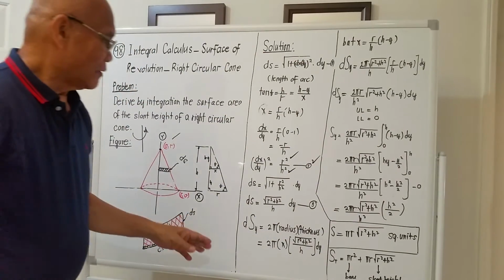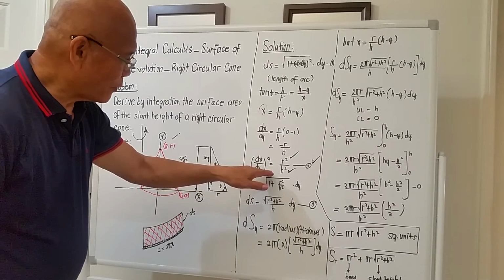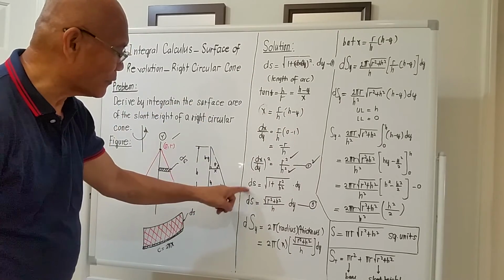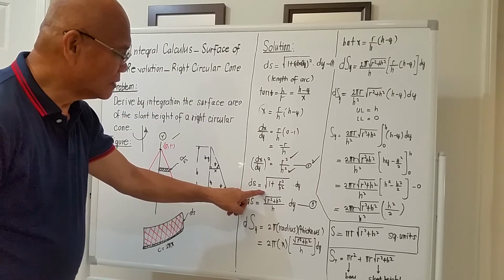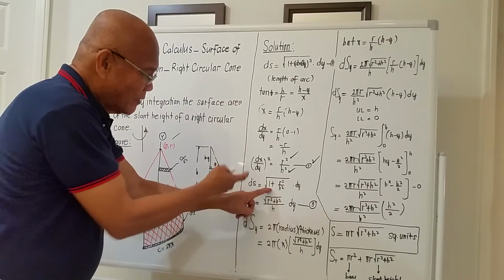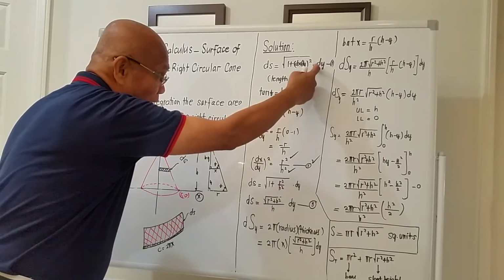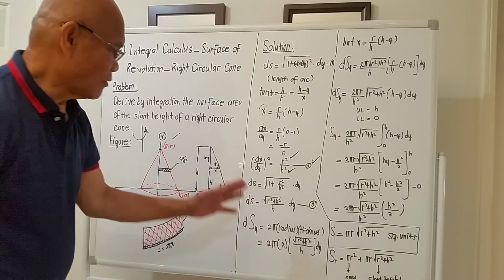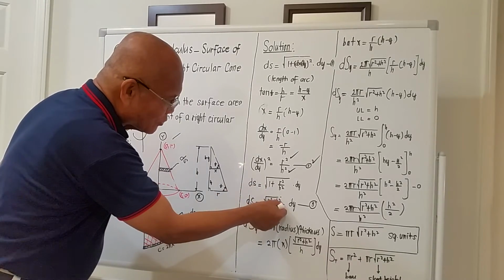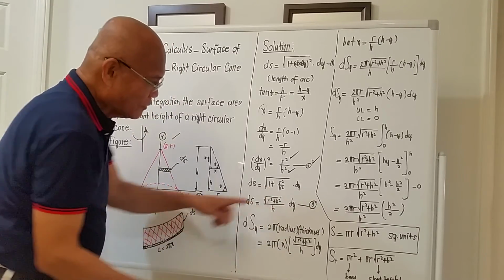Okay. Therefore, if we take this value of equation number 2 and place it in equation number 1, the differential length of arc will now be equal to the square root of 1 plus dx over dy quantity squared, which is r square over h square, times dy. Simplifying the terms inside, 1 times h square is h square plus r square, all over the bottom portion, h square.